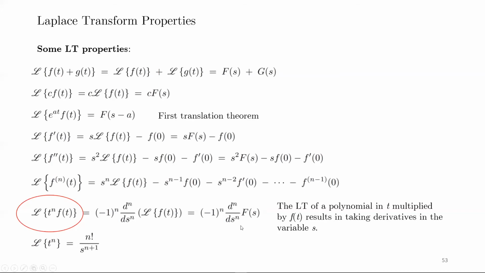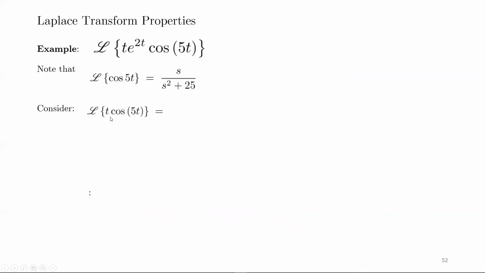So the Laplace transform of t times cosine of 5t is equal to negative 1 times the derivative with respect to s of this fraction.